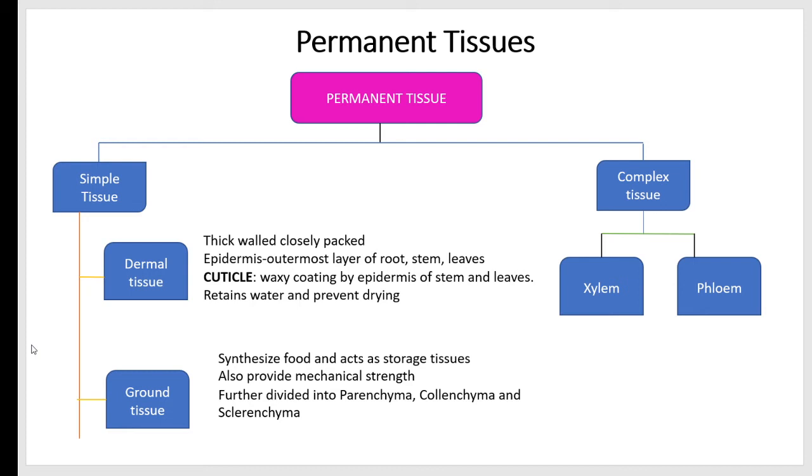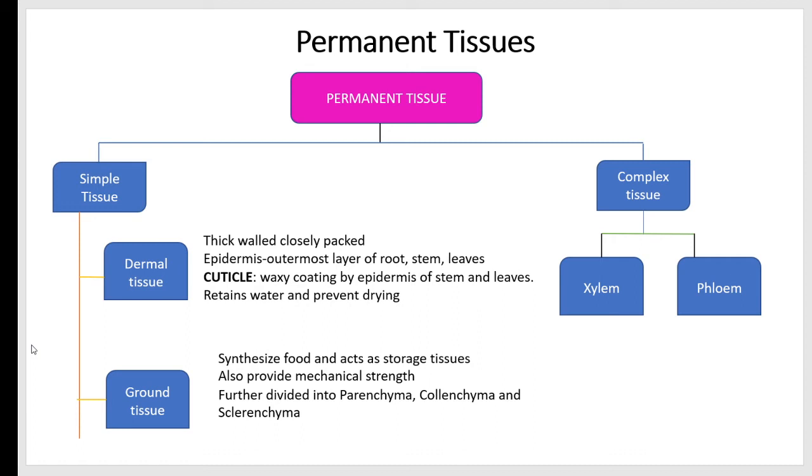Most importantly, on the epidermis of stem and leaves, a waxy coating is released by this epidermal tissue. Why is the waxy coating there? That waxy coating is known as cuticle. And why is that waxy coating required? Because it retains water and prevents the plant from drying.